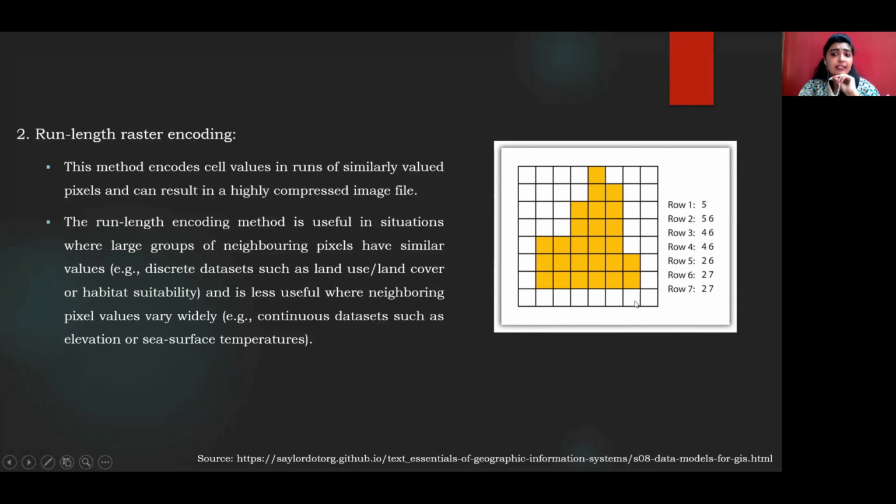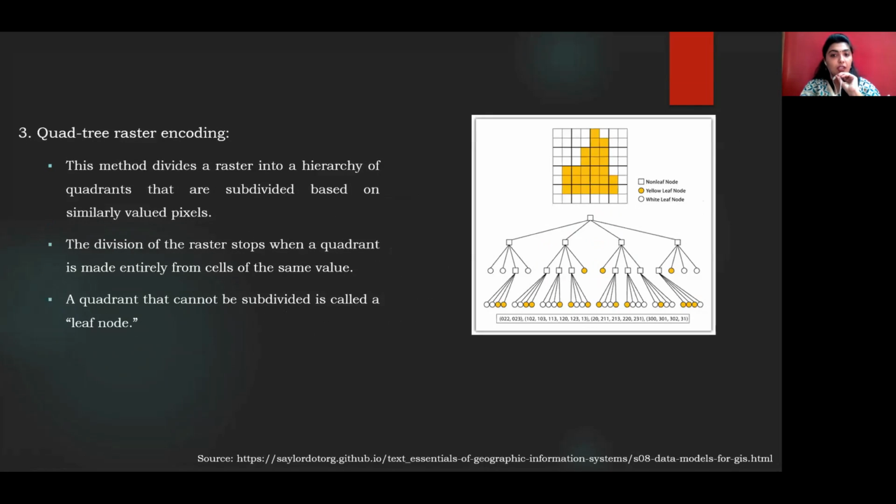You have nothing in the 8th row, so the 8th row is not written. So this method is only used where large groups of neighboring pixels have similar values. Otherwise, you cannot use this. The third one is the quadtree raster coding.